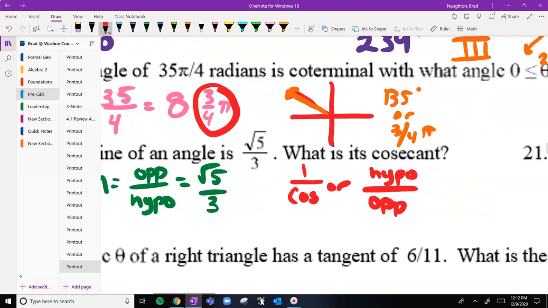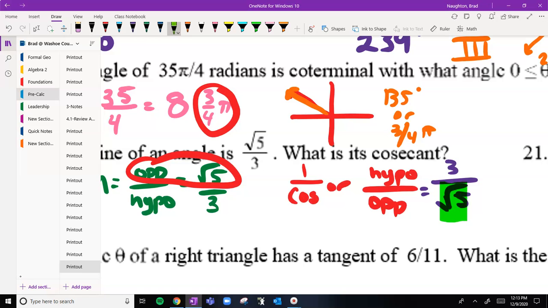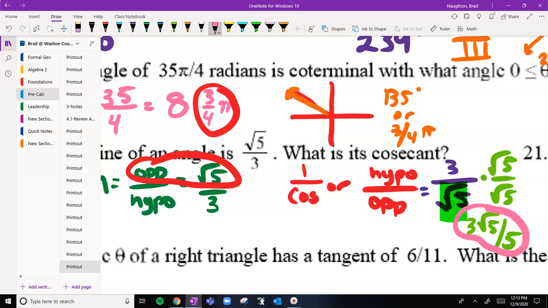So when we switch this, because our opposite is √5, we'll put a √5 down here, and my hypotenuse is a 3. This is a great start, but we can't have a radical in our denominator, so we're going to rationalize. Whatever this bottom number is, we multiply the top and the bottom by that √5, and I get 3√5 divided by 5, and that's going to be our answer for number 20.